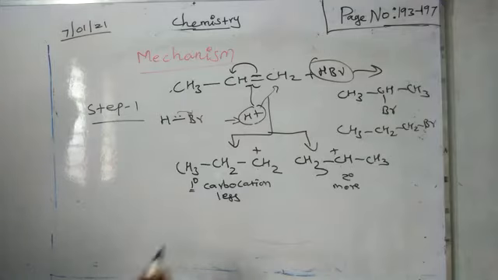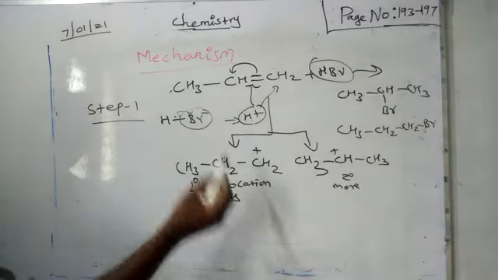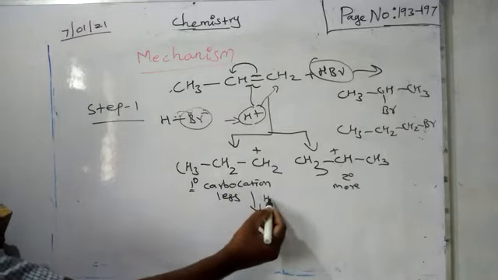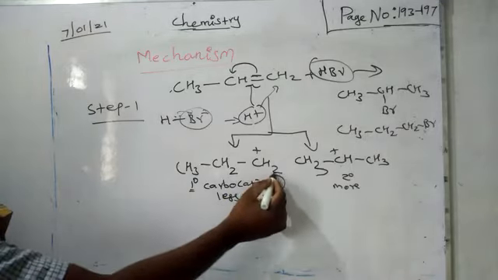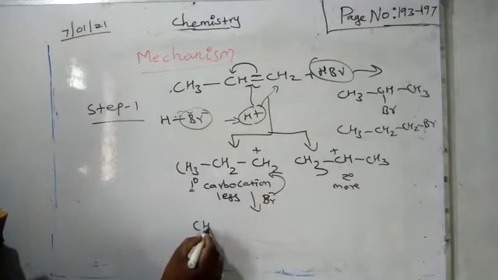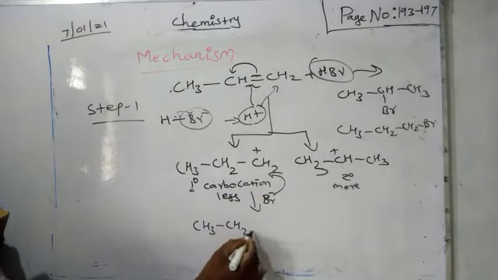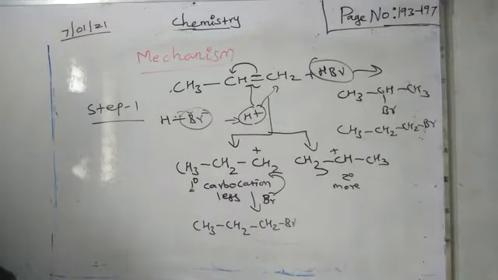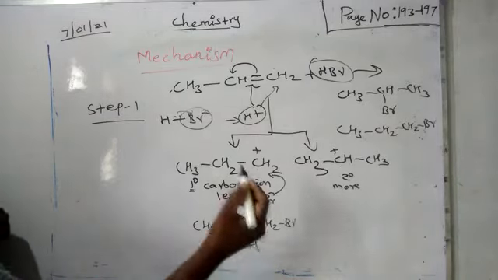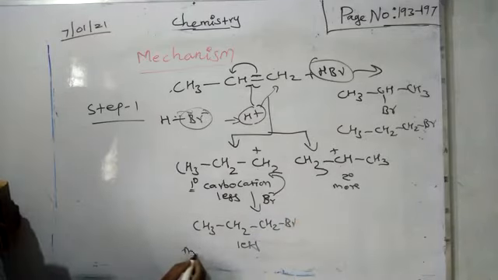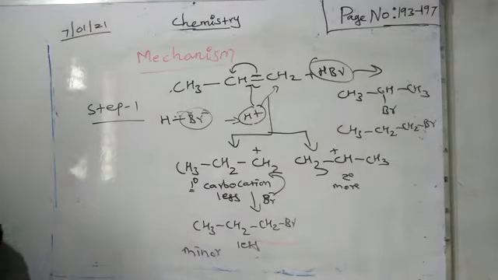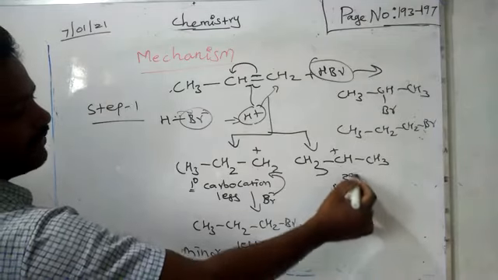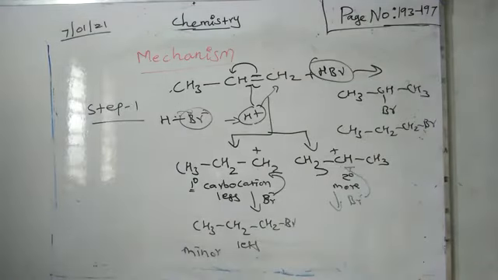Now Br minus will attack the CH2 plus. So we will get 1-bromopropane. This is the less stable compound, so we can say minor product. But in the other one, Br minus will form a bond with the middle carbon.